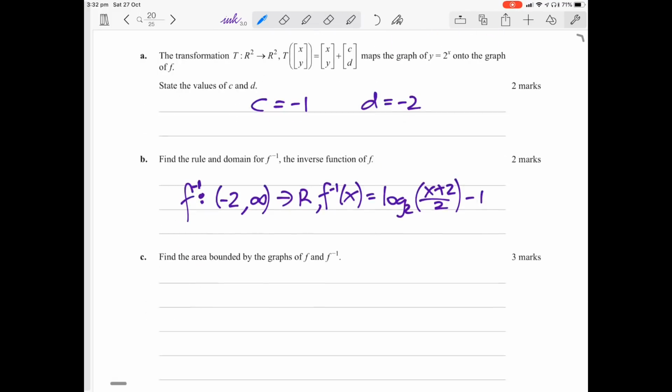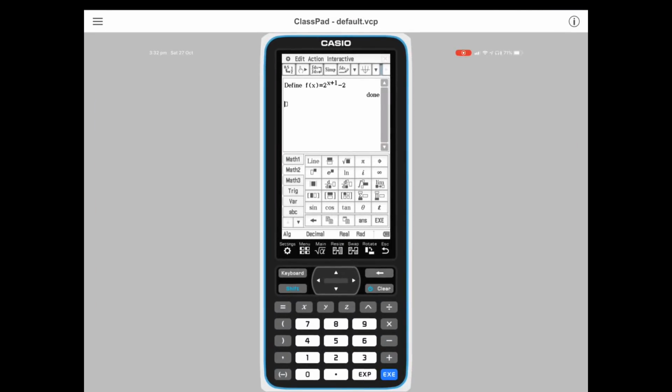Okay, find the area bounded by the graphs of f and f inverse of x. So f of x equals f inverse of x. Therefore, x is equal to... Okay, so let's define it as g of x.